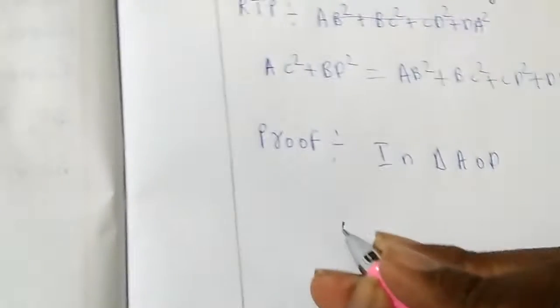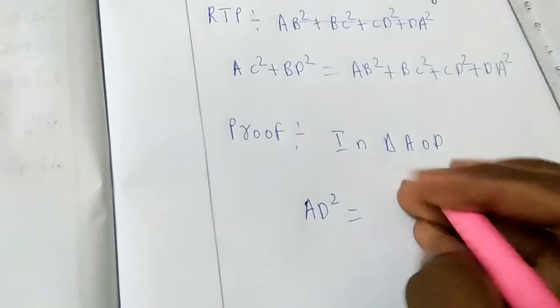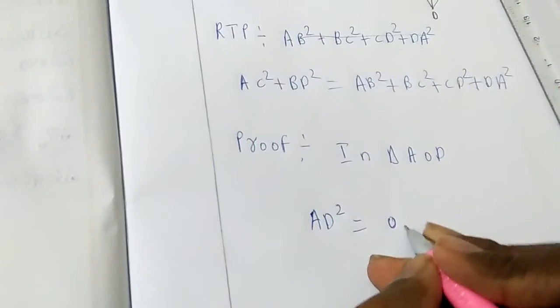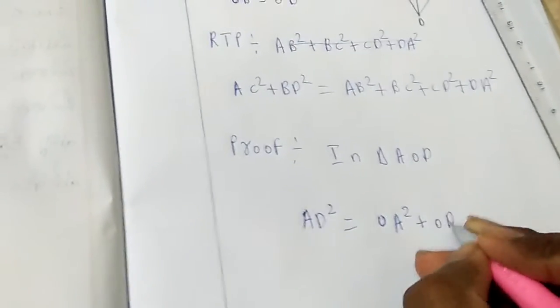So AD square is equal to OA square plus OD square.